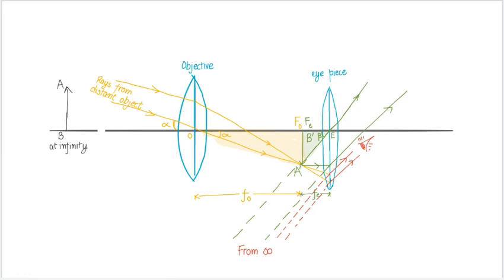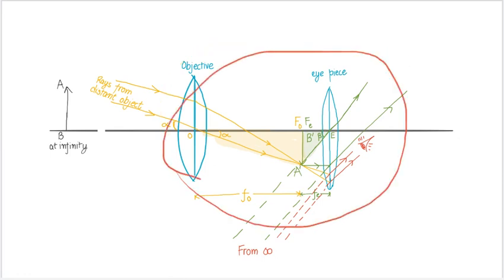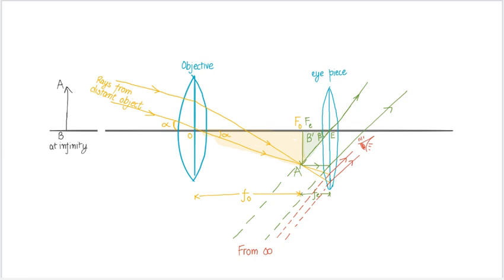So let's come to our astronomical telescope. Consider this is your astronomical telescope. Let us say an object AB is placed at infinity. This object AB produces rays. These rays fall on your objective, and it forms the image at this point. This is the image A'B' formed by the object AB, which is placed at infinity.